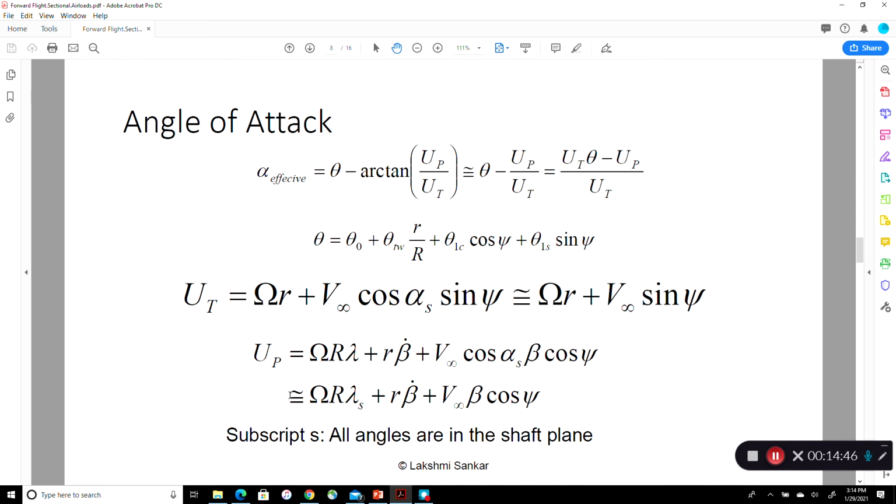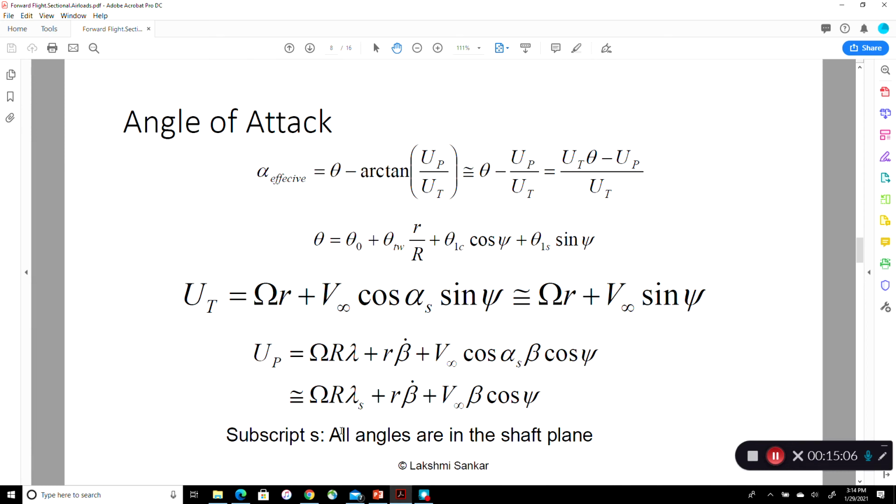In the small angle of attack assumption, if we invoke it, cosine alpha S will become just 1. Sine beta will remain as beta. Cosine psi will remain as it is. If you are using a shaft plane, for example, you will use a lambda shaft.